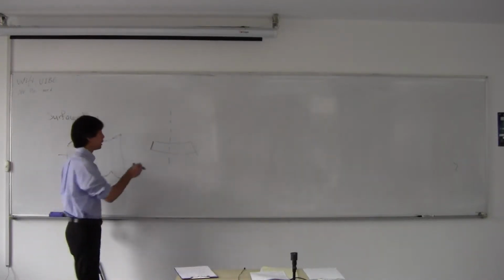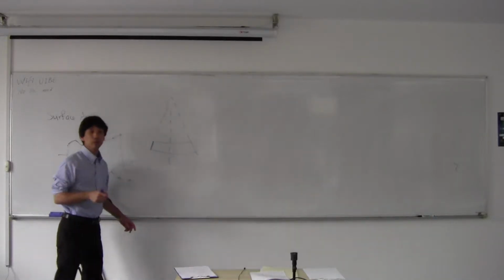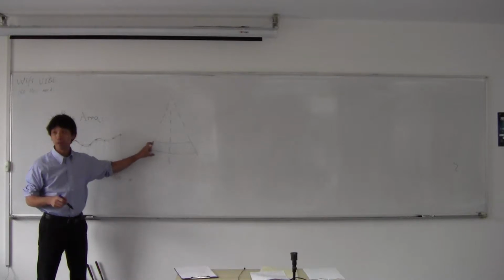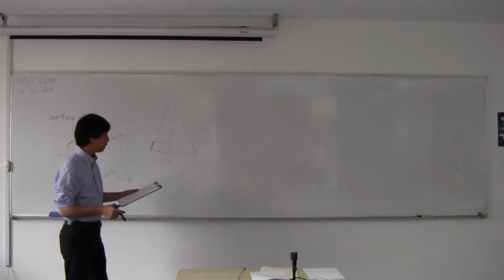If you had the full straight line, then you would have a cone. And so the question is then, how do you figure out this area? And this becomes an elementary problem.